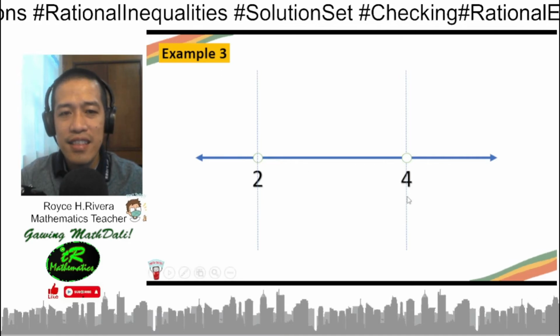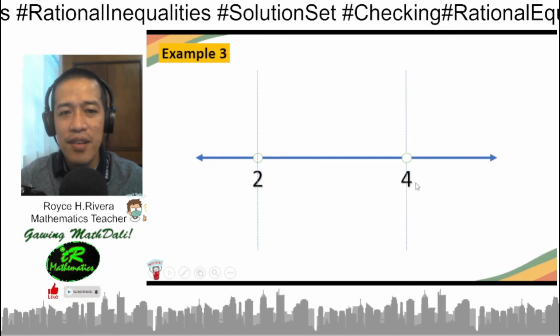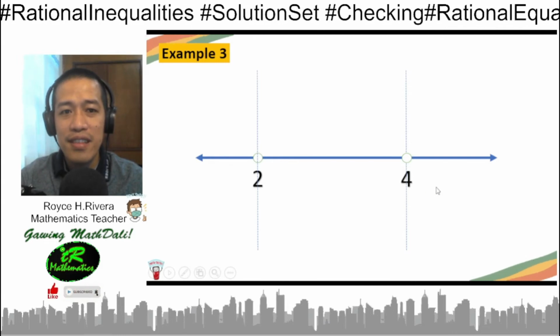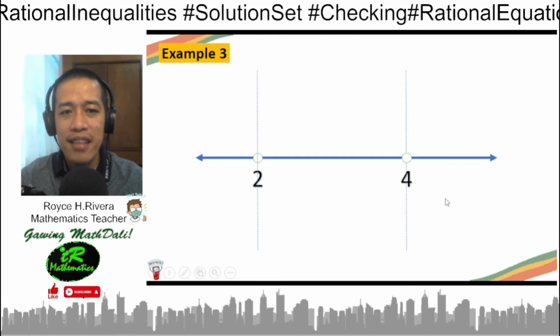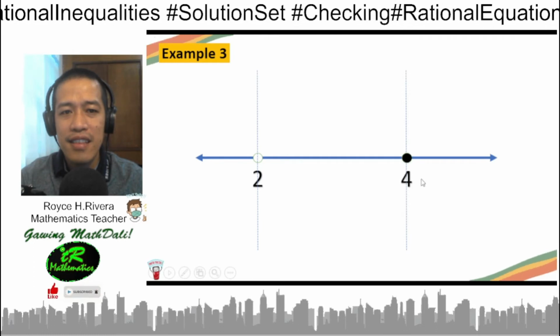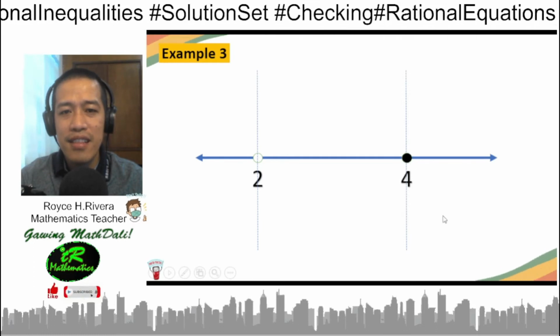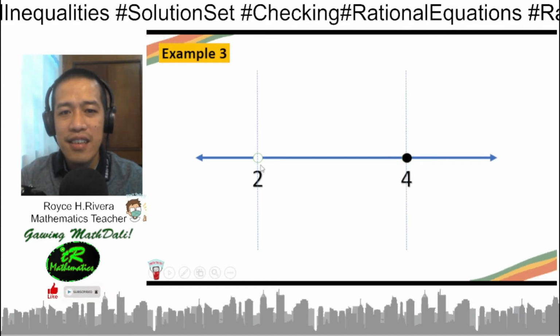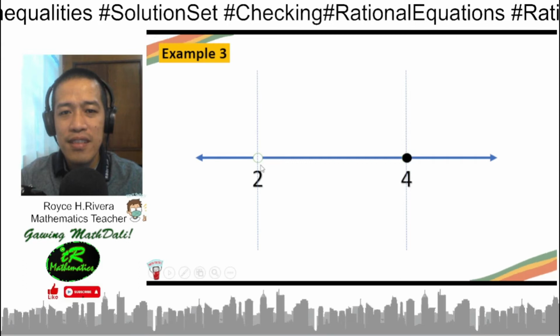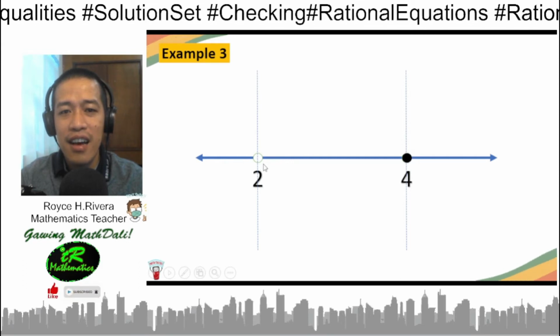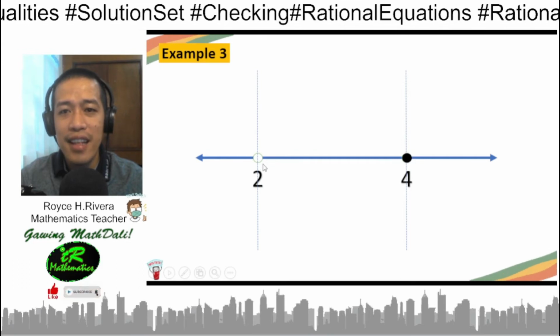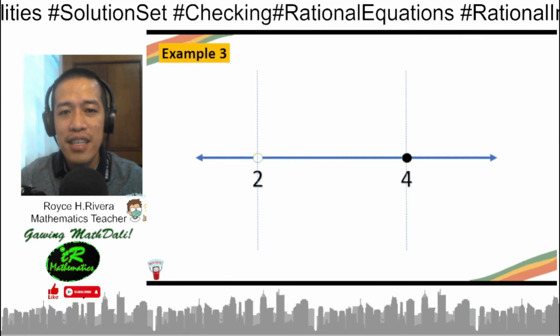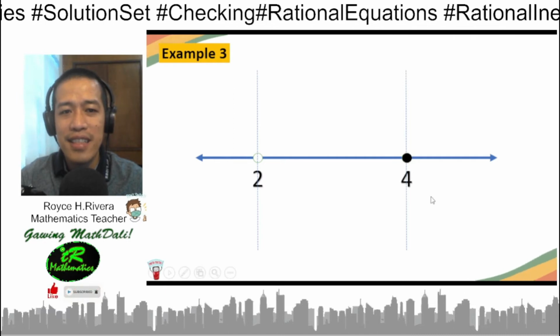Ngayon, alam nating ang 4 ay included sa solution. So we will block in the point representing 4. Yung 2, hahayaan natin na hollow yung point dahil hindi kasama ang 2 sa solution set.